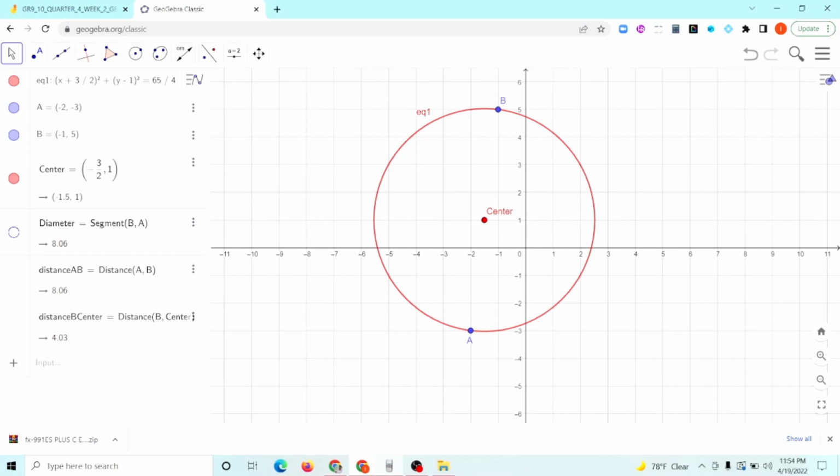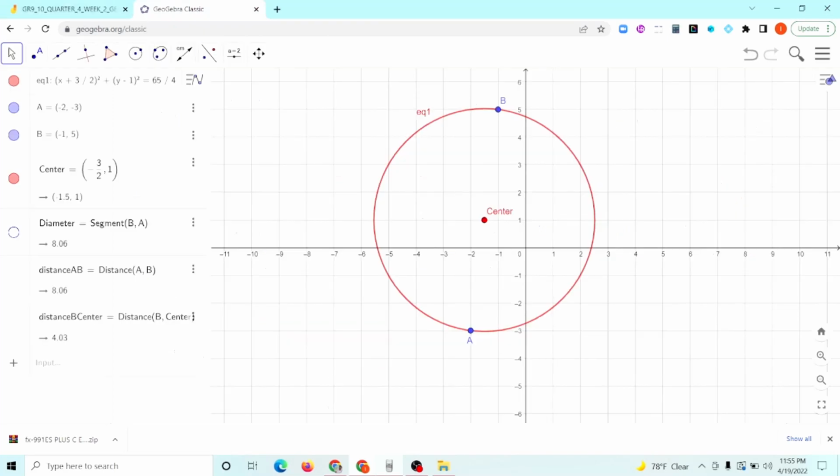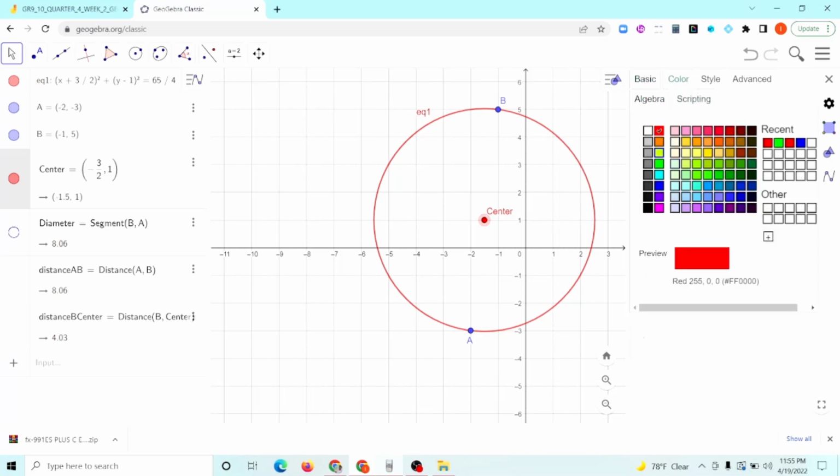Now we need to check the radius, and we said that we took the radius from A to the green point. So let me make the center a green point right there. Let's change that color.